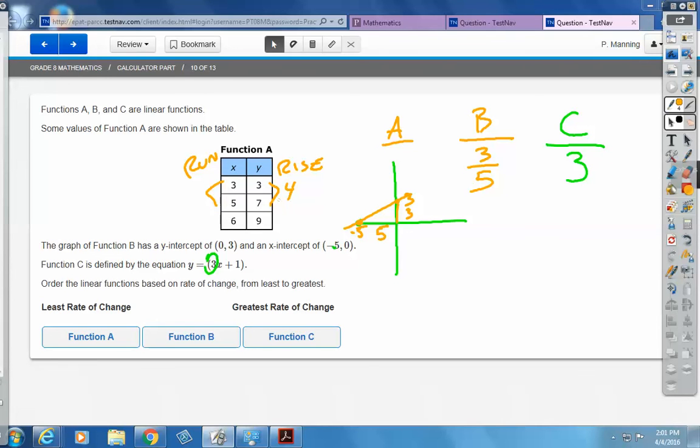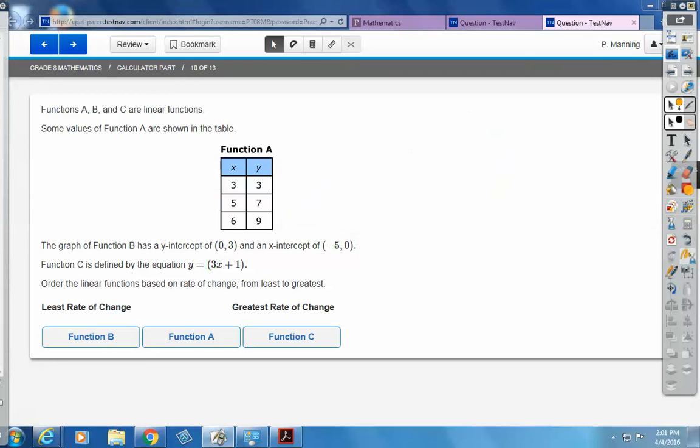I have a rise of 4 and a run of 2, therefore I have a slope of 4 divided by 2, which is 2. So which has the smallest rate of change? Clearly function B. Which has the second one? 2 is smaller than 3, so it should read B, A, and C. All right, that was quick and easy.